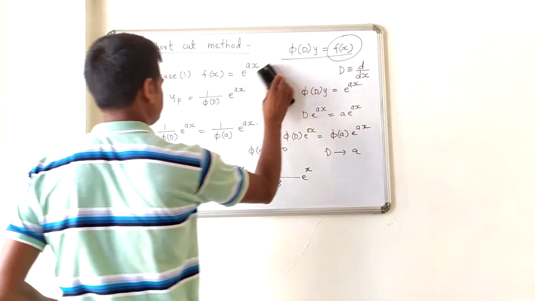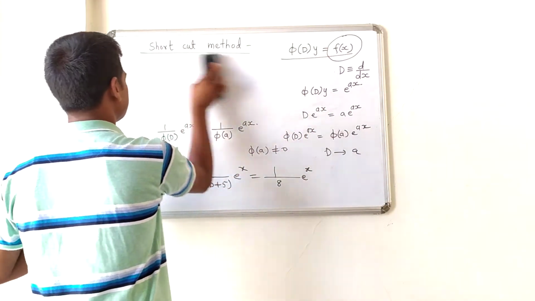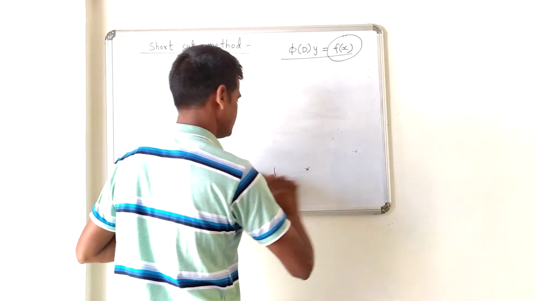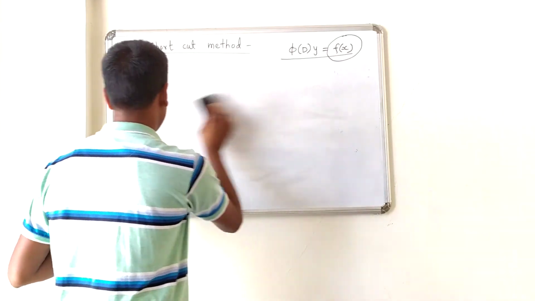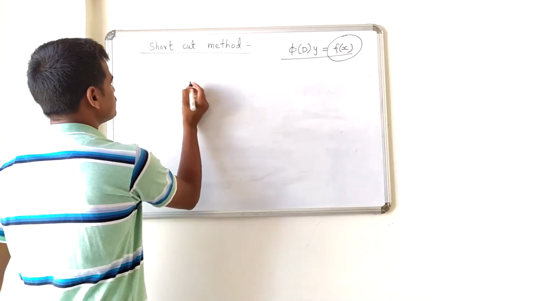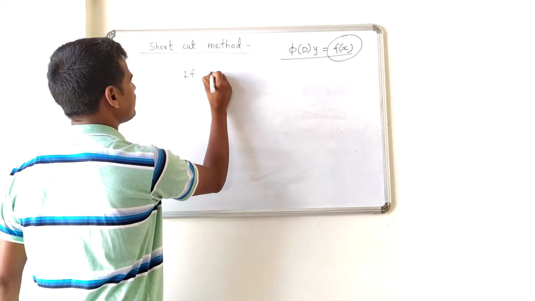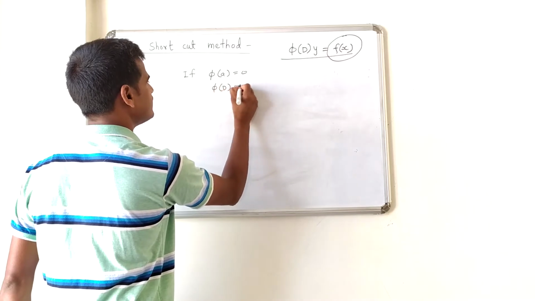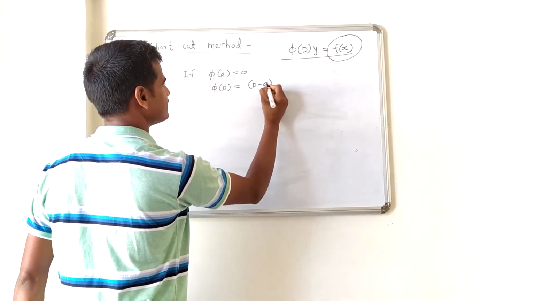Let us discuss in detail what will happen if phi of a is equal to 0. If phi of a is equal to 0, it means phi of D contains D minus a as a factor.